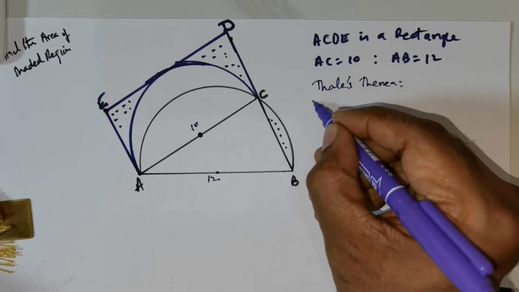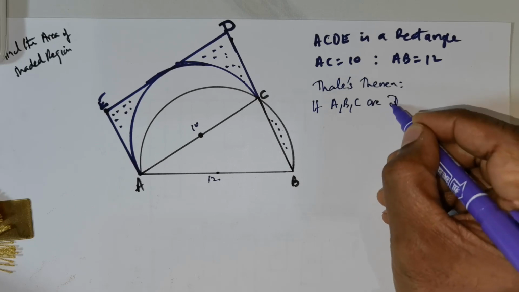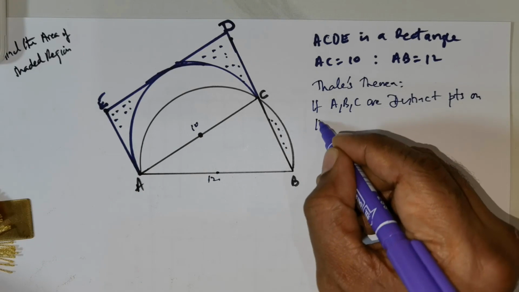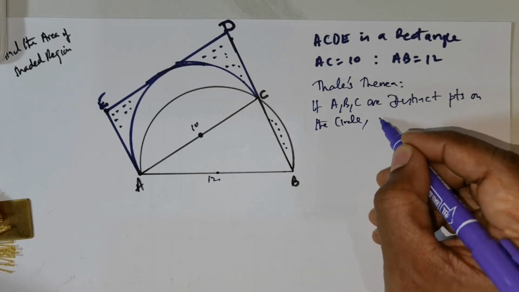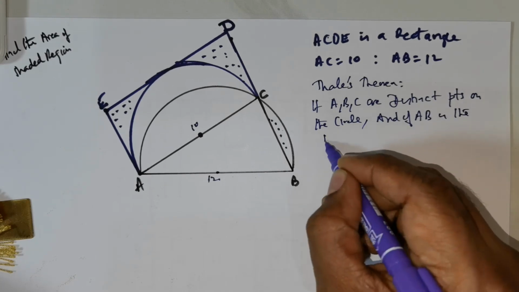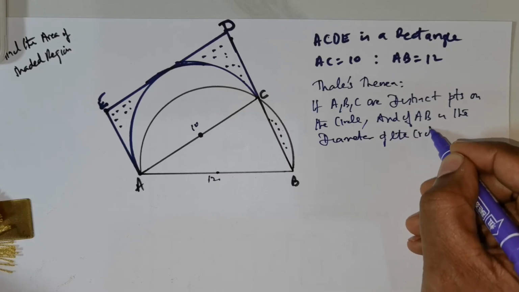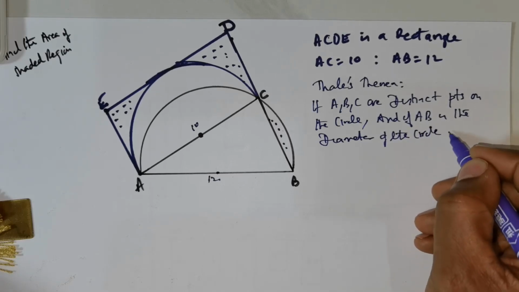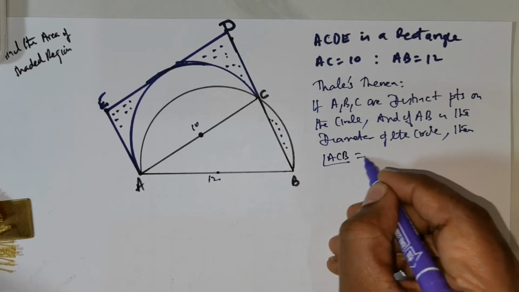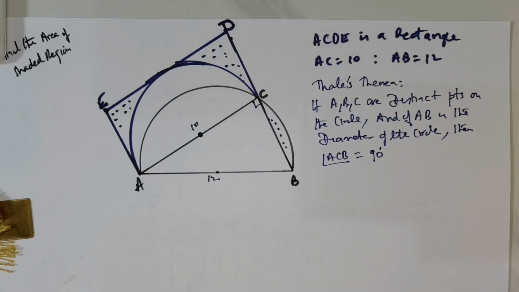According to this theorem, if A, B, C are distinct points on the circle, and if AB is the diameter of the circle, then angle ACB will be equal to 90 degrees. So this point is 90 degrees.